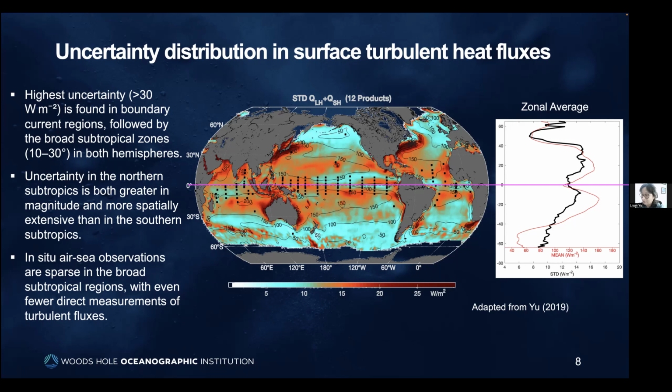The peak occurs between 10 to 40 degrees north, which corresponds to the larger area on the left panel. Obviously, the standard deviation depends on the amplitude of the mean fluxes. So we have weaker fluxes at higher latitude, and also smaller STD. But nonetheless, the subtropical error is a region that cannot be ignored. But in this region, there are very few data to validate.